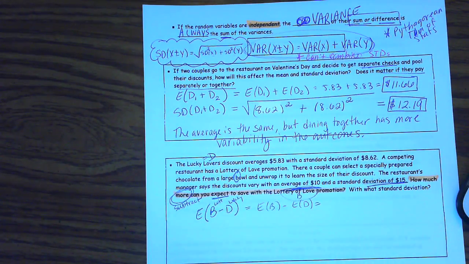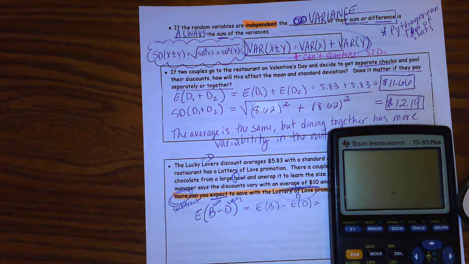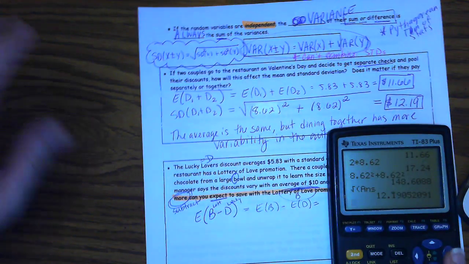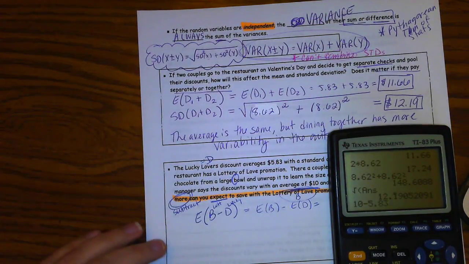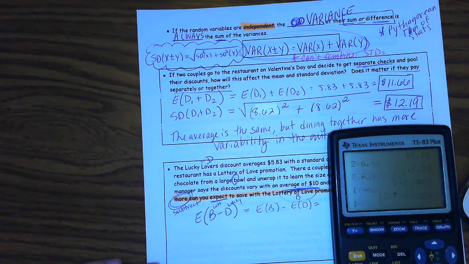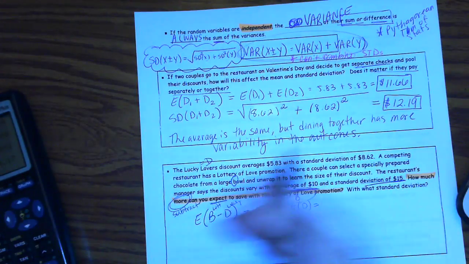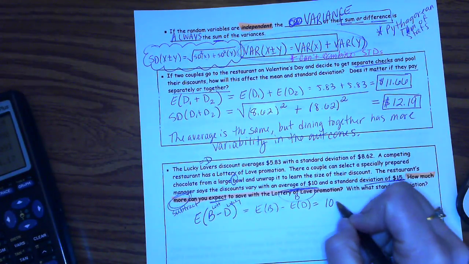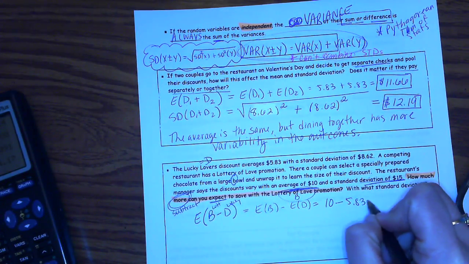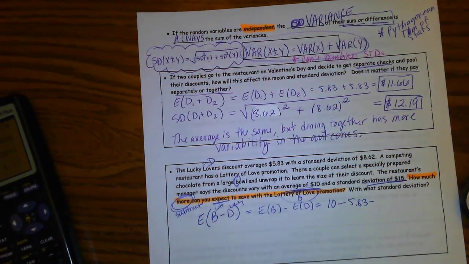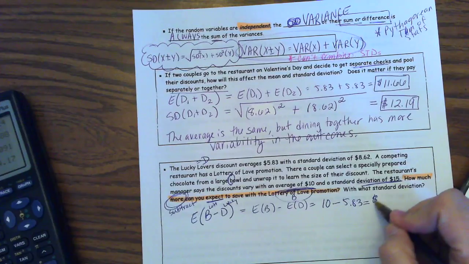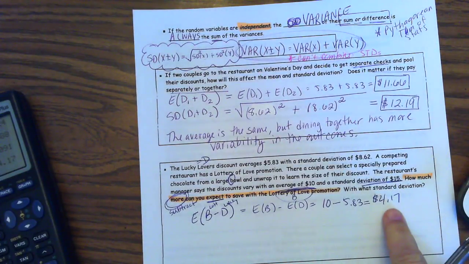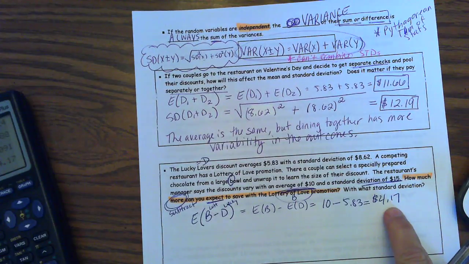That's the easy part. So the mean of Lottery of Love was $10, and the mean of Lucky Lovers was $5.83. I'm just doing the $10 mean minus the $5.83 mean and getting a difference of $4.17. So I can expect to save about $4 more at the second restaurant, the Lottery of Love.